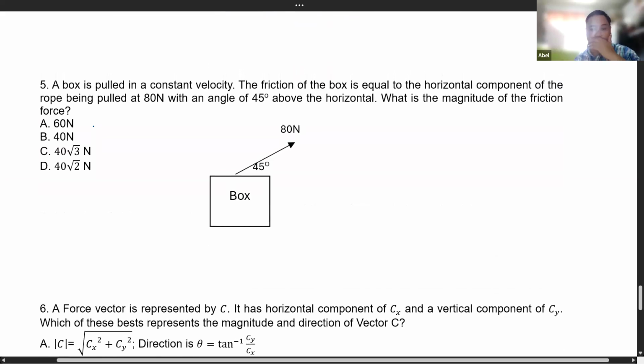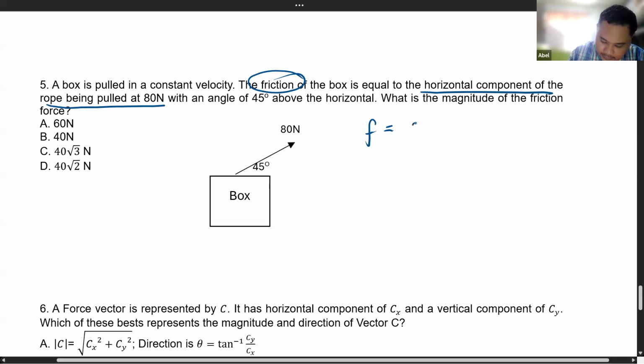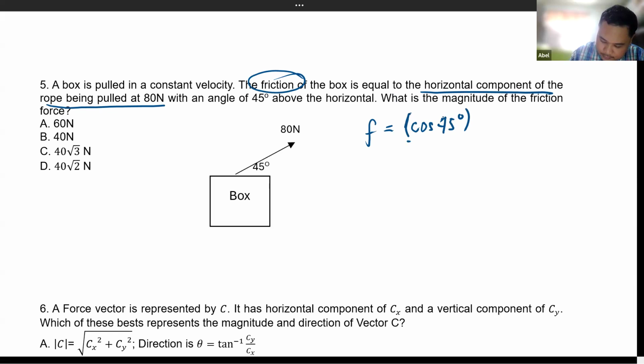A box is pulled at a constant velocity. The friction of the box is equal to the horizontal component. Now, look at this one. The friction of the box is equal to the horizontal component of the rope being pulled at 80 Newton. So that would be the cosine of 45 degrees multiplied to 80 Newton.